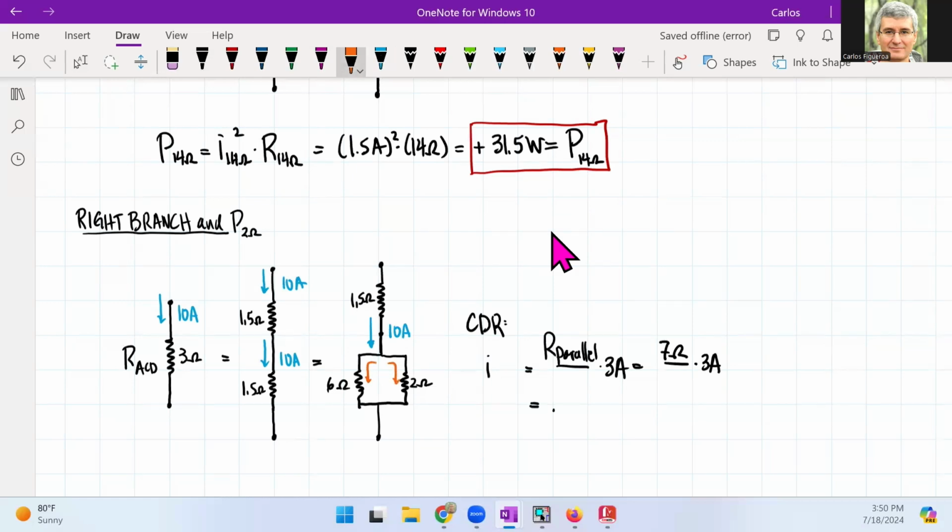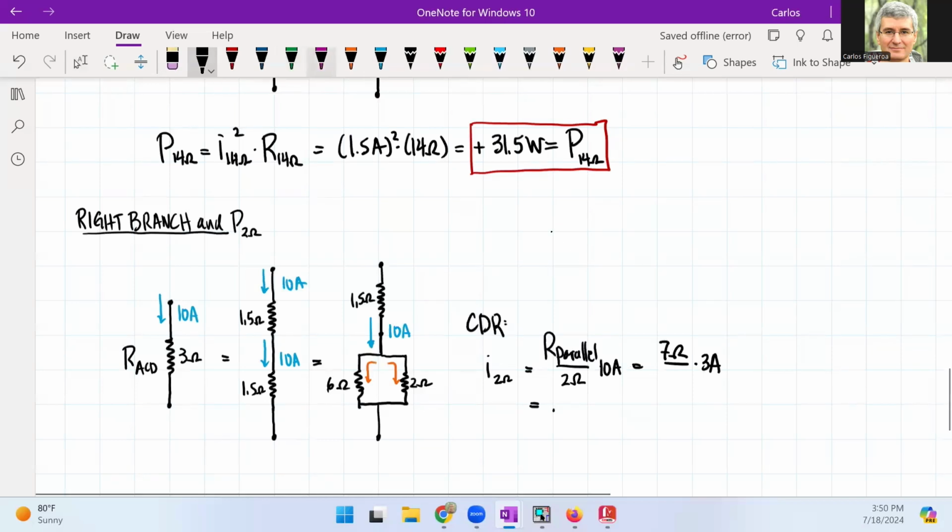We are most interested in the 2 ohm resistor. So if I look at the current of the 2 ohm, I have the R parallel. Now what's the R parallel? This guy is the R parallel.